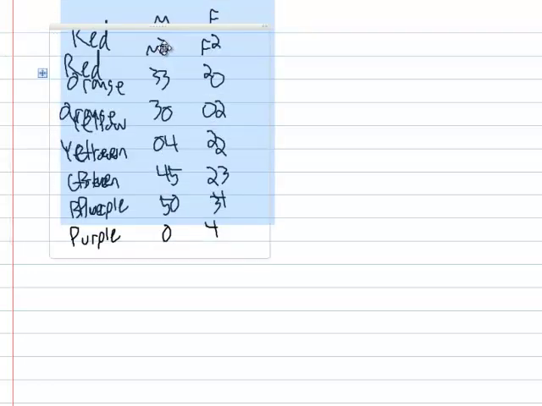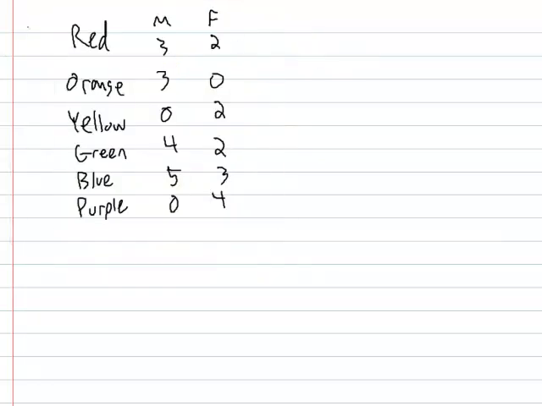All right, let's do another example. This time we're going to look at a survey that we did in class, figuring out what everyone's favorite color is out of the 6 primary and secondary colors. And right now let's figure out the probability.